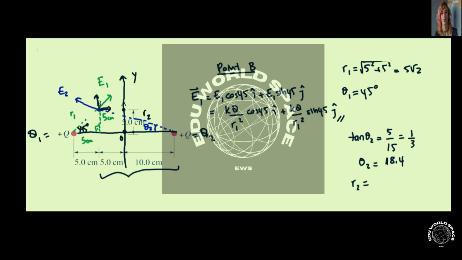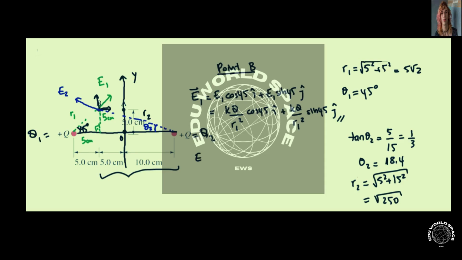We have the square root of 5 squared plus 15 squared. 15 squared is 225, so this is the square root of 250, when you do the algebra here.